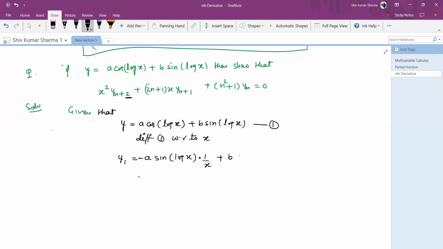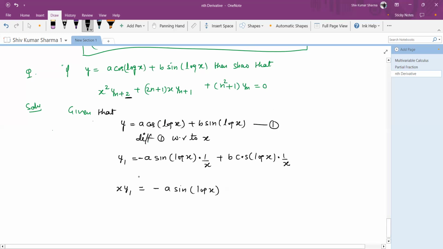Plus b, differentiation of sine is cos, cos into log x, and differentiation of log x is 1 upon x. So this 1 upon x is taken to the LHS side. So this gives us x y1 equal to minus a sin log x plus b cos log x.